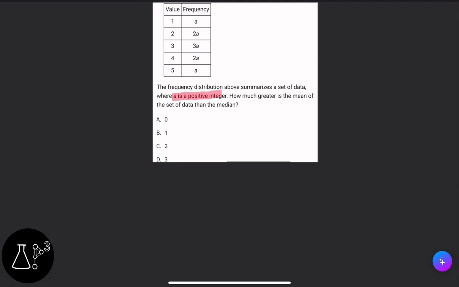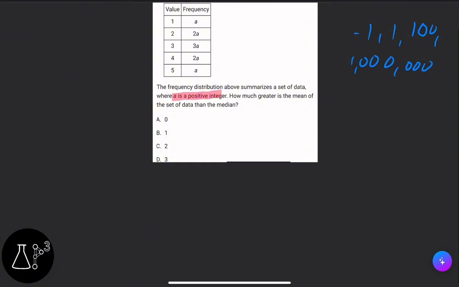Well, we're given that A is a positive integer, and an integer can be a negative or a positive value that is not a decimal. So it could be -1, it could be 1, it could be 100, it could be even a million. But it's any number that is negative or positive and that is not a fraction or decimal.